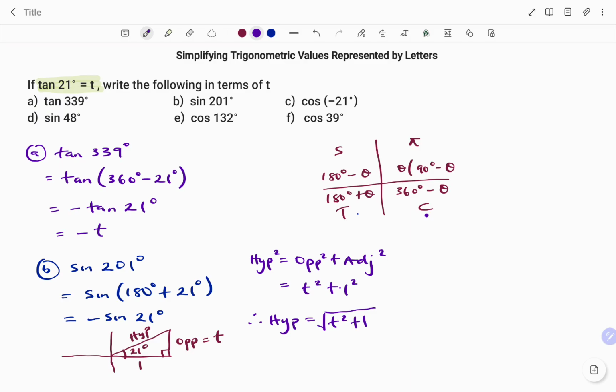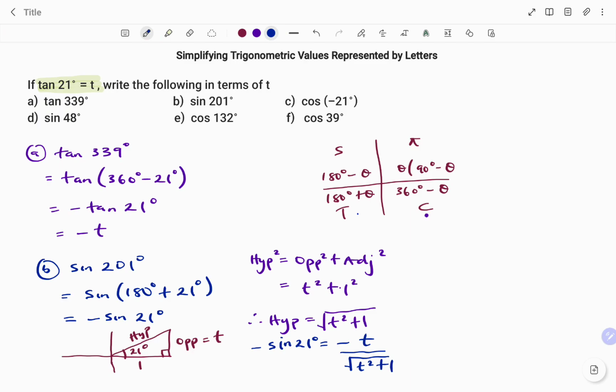So to find the value of sine, we have minus sine 21 degrees. Sine is opposite over hypotenuse. So we have minus sine 21 degrees equals opposite, opposite is my t, minus t over the hypotenuse, root t squared plus 1.